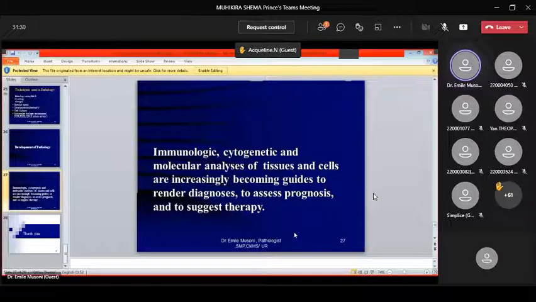This is modern medicine because some diseases have some gene modification. So to treat them, you have to correct the gene, what you call gene therapy.